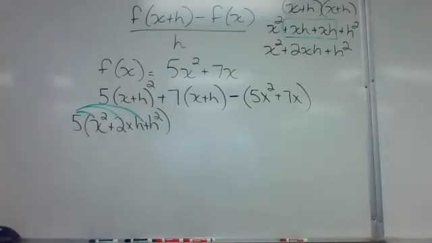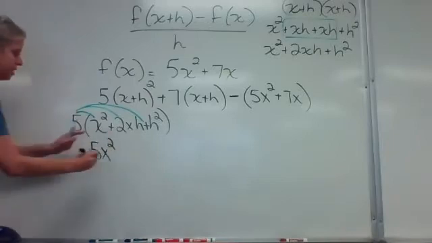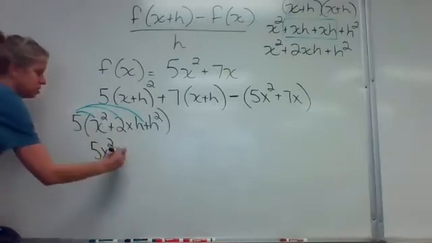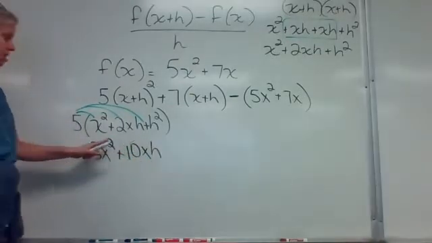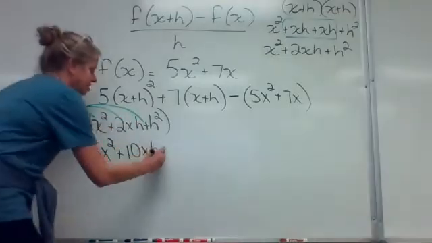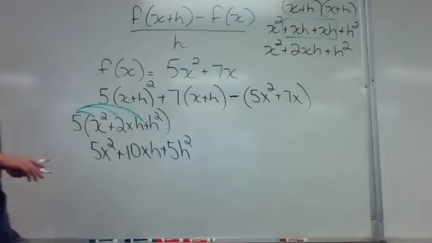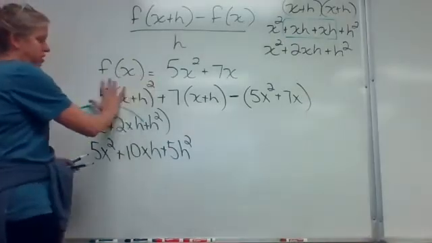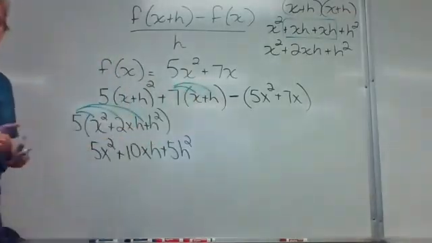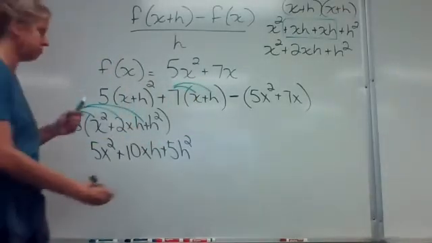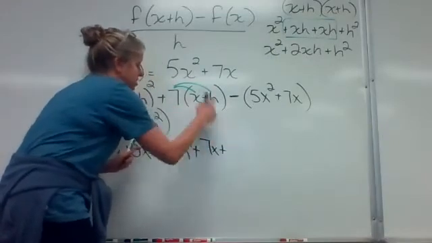So 5 times x squared gives me 5x squared plus 5 times 2, so that gives me 10xh plus 5 times h squared, which gives me 5h squared. So that took care of this first part. Now the second parentheses, I need to distribute the 7 through there. So I have plus 7x plus 7h.